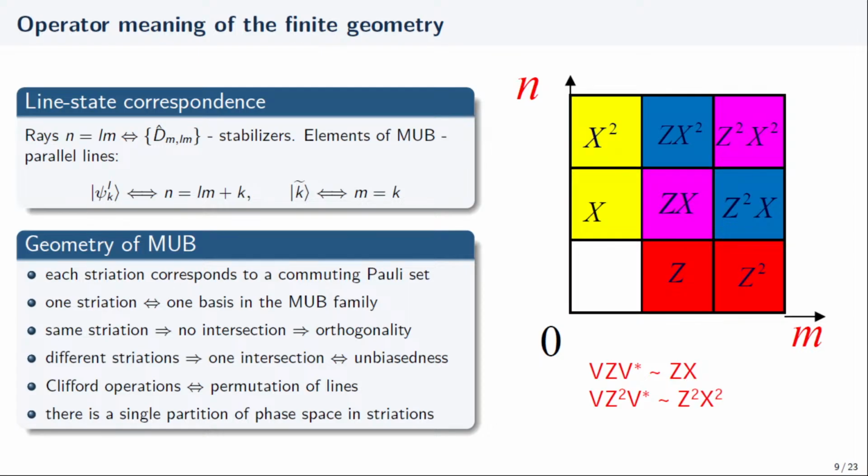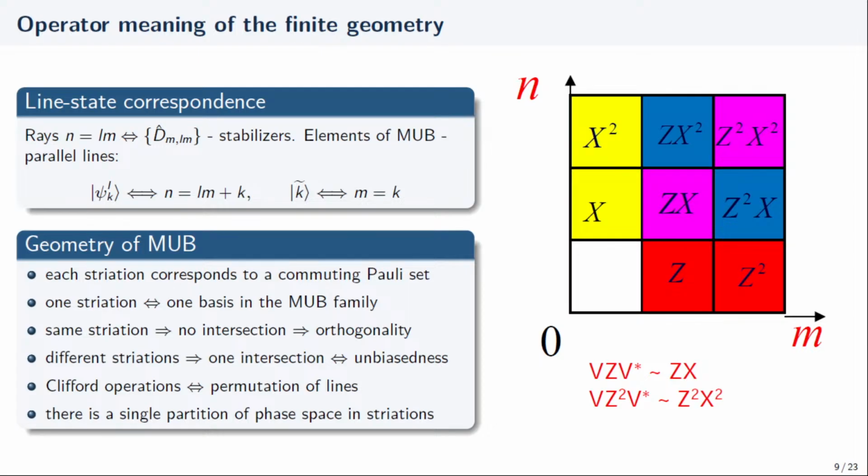So operators labeled by points of the same ray commute with each other, and they do not intersect. Okay? So the same color means the operators commute. Exactly. All of them commute with white. Yes, this is the identity.